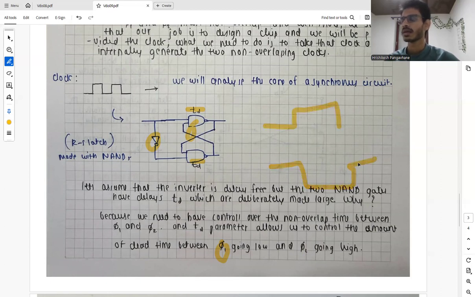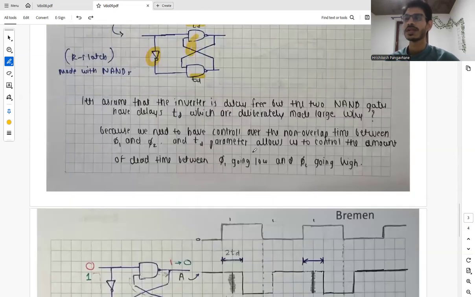But when we implement it, we have an RC time constant, so we will get some spikes. So we need to have a buffer for that to die out, because we don't want these two phases to overlap or interrelate with each other. So that's why, to control the amount of dead time between phase 1 and phase 2, we need this time parameter TD. So we'll see it soon.